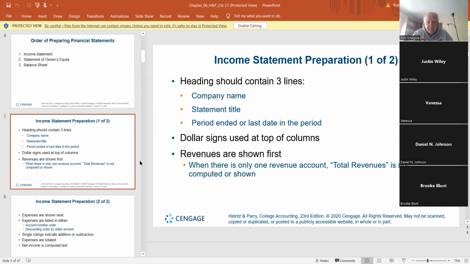Income statement preparation, on the header, you must say for the period ending or for the month of or something like that. What you cannot say is as of. The as of or at is reserved for the balance sheet.